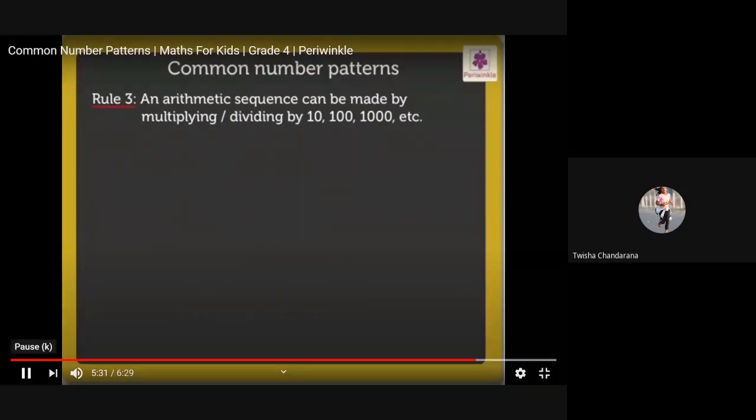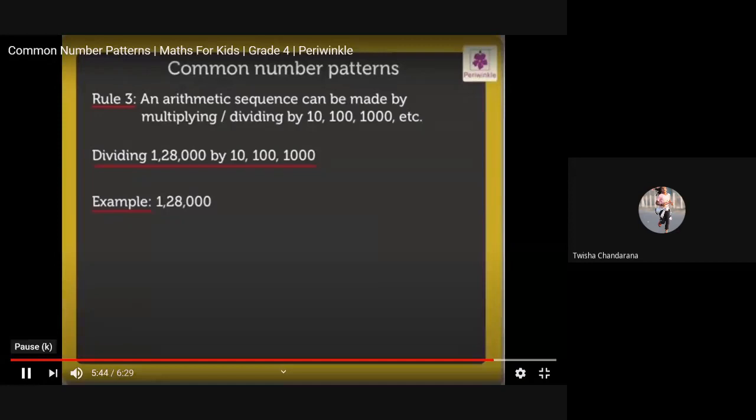Similarly, let's see an arithmetic sequence on dividing 1,28,000 by 10, 100 and 1000. So, let's look at the pattern. 1,28,000 divided by 10 is equal to 12,800.